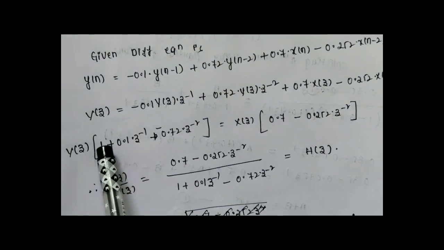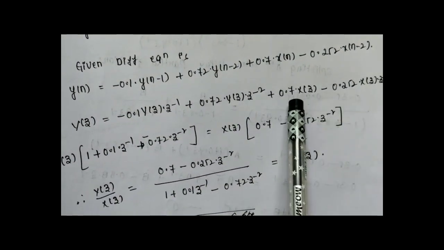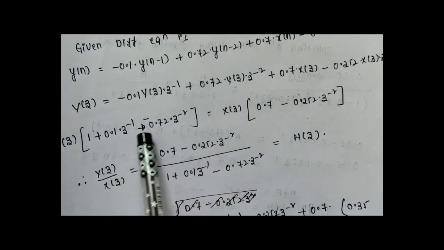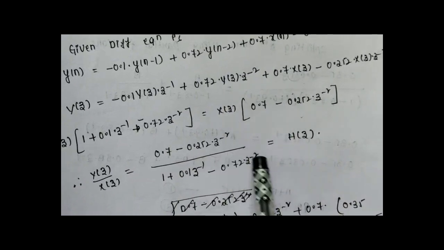After taking the common Y of z, bring all the Y of z terms to one side and leave all the X of z terms on the other side. So you can write Y of z by X of z equal to 0.7 minus 0.252 into z power minus 2 in the numerator, and 1 minus 0.1 into z power minus 1 minus 0.72 into z power minus 2 in the denominator. So this is the H of z.